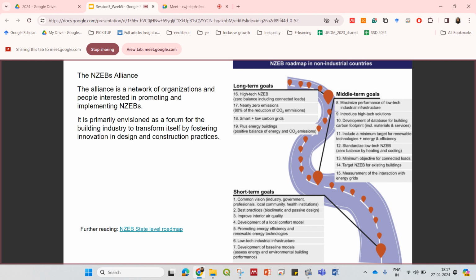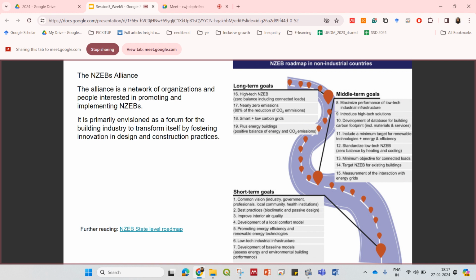So transitioning from an existing infrastructure and existing technology to a new one again will take a lot of time. That is why again it has been put in middle term goals. And then there is measurement of interaction with energy grids. So how the buildings are interacting with the energy grids, that also can be measured, but it will take a lot of time, same as the development of building database for carbon footprint.